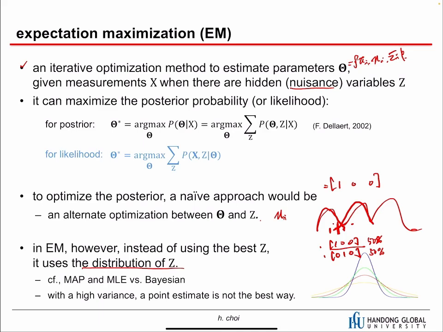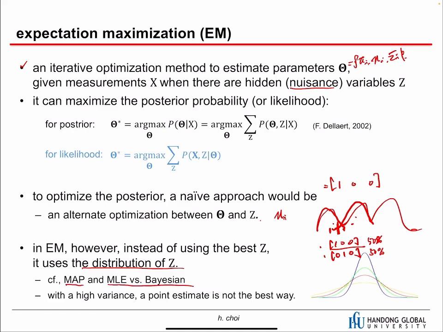Okay, how likely does this one belong to this component? So we use this distribution. Which means we don't ignore any information. We use all the information. We don't ignore any tiny little bits of information. Okay, so there's the difference between MAP and MLE and Bayesians.